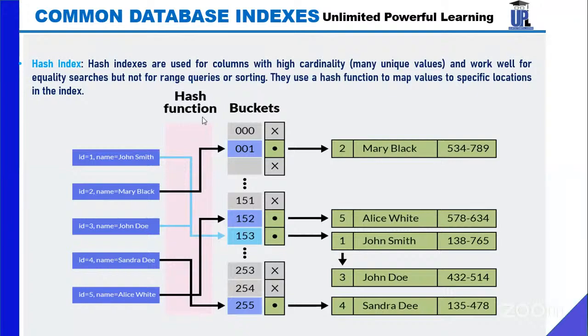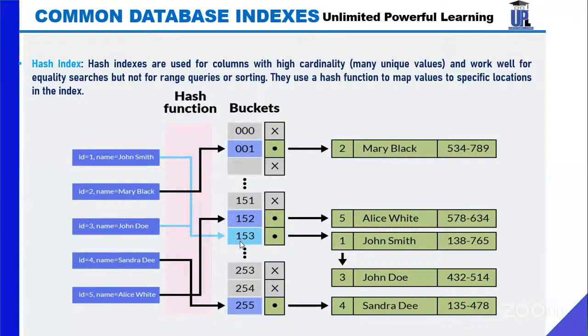Here you are applying the hash function. It will go to some buckets. You do not need to worry too much, just assume that it is some buckets. A bucket means some pointers to the address. When you run the hashing function, it can be any algorithm, a black box. Whenever you compute a hash on this record, assume record 1, it should give the physical address like 153.